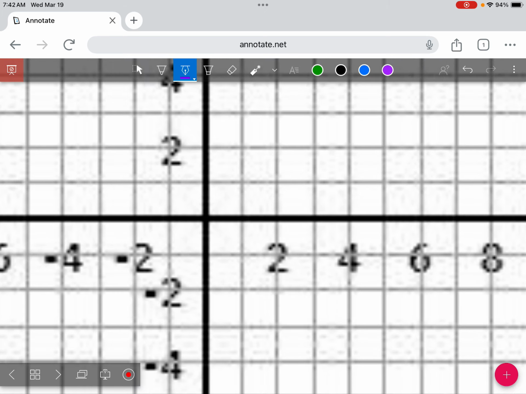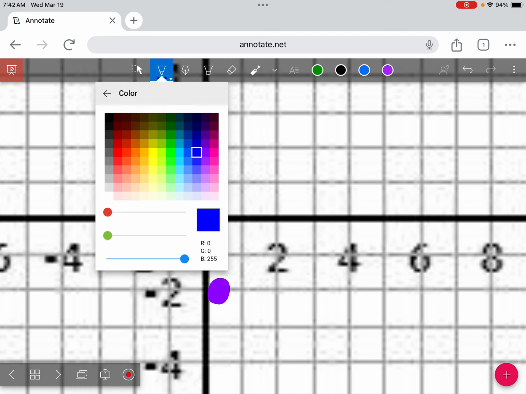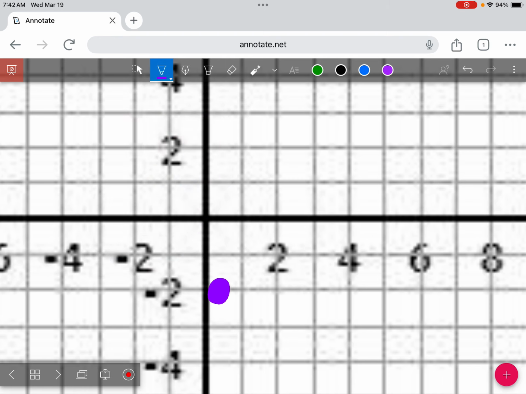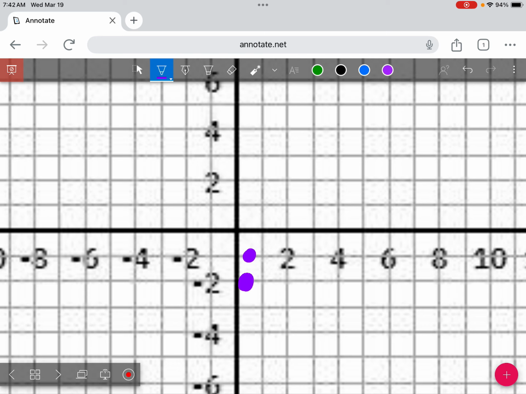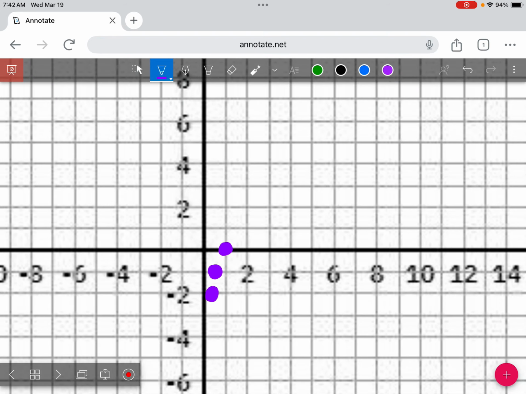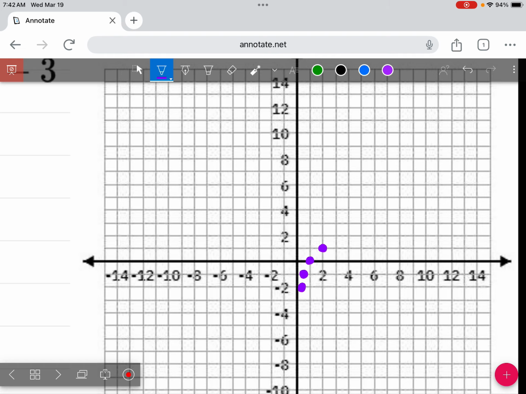All right, so our logarithmic parent function, I am going to draw that one up here. When our x is 1/4, our y is -2. That's about here. When our x is 1/2, we're at -1. When our x is 1, we have a 0. When x is 2, we're at 1.